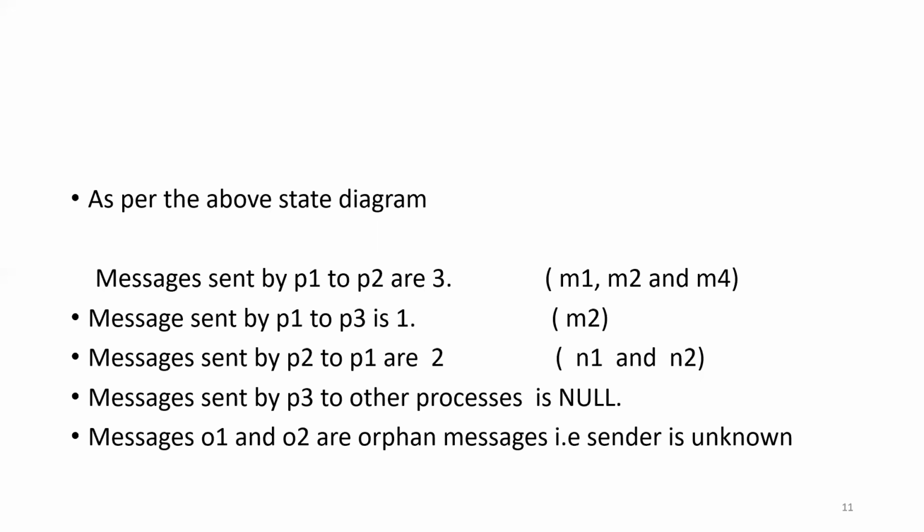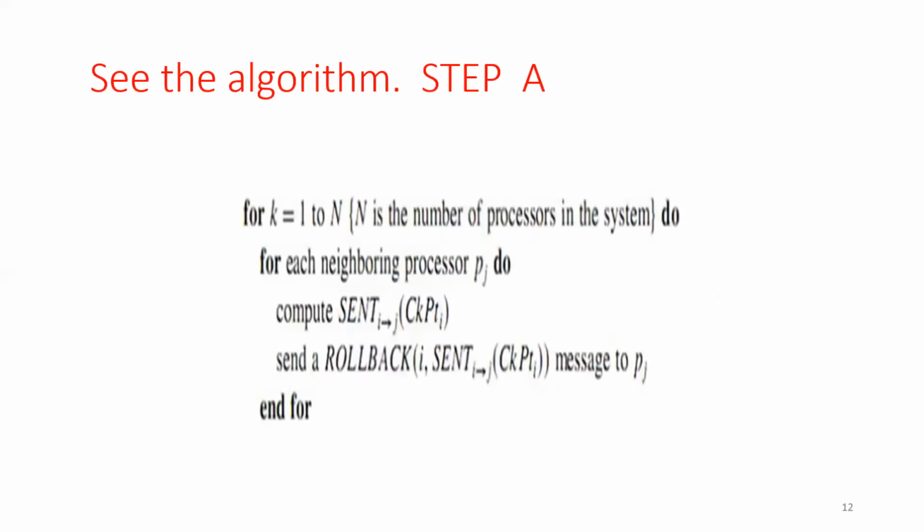Assume P1, P2, P3 are X, Y, and Z. Messages O1 and O2 are orphan messages, that is, the sender is unknown. Okay. Can you understand what I'm saying?